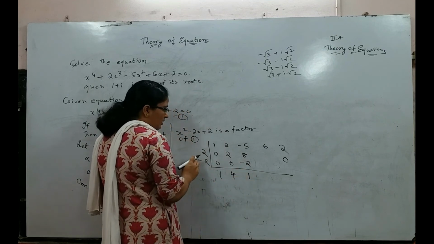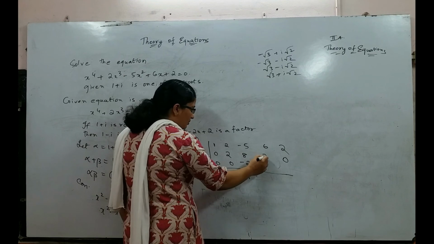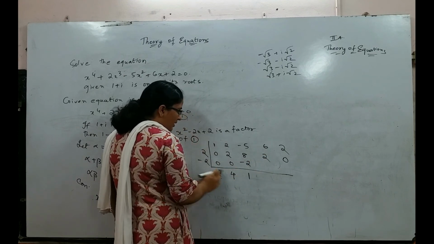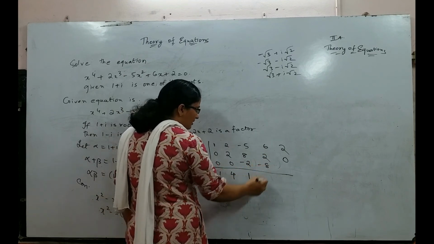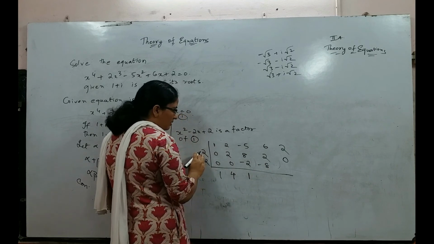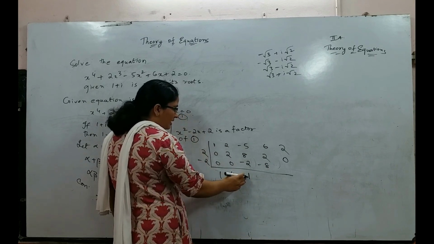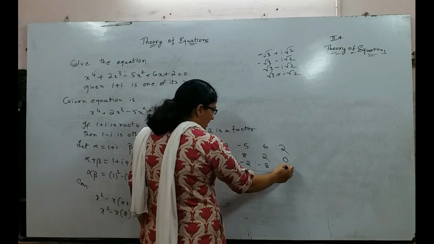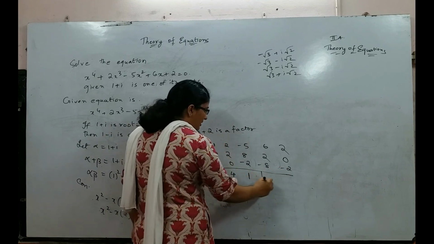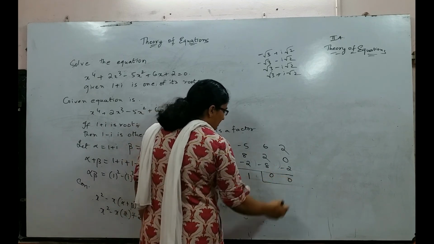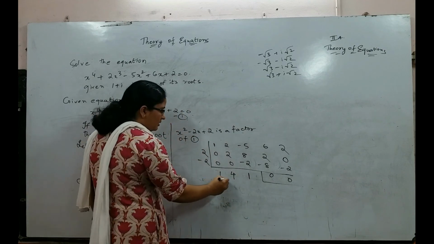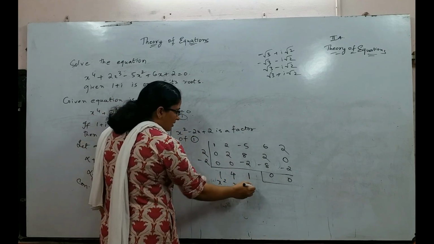Right. 2 into 1, 2. Minus 2 into 4, minus 8. 2 into minus 2 into 1 will give you minus 2. So this will be 0 and 0. This is x square, x, constant.